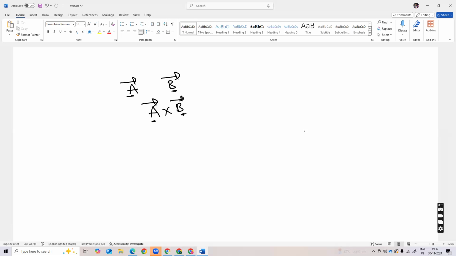So the direction of A cross B will be, what you should do is, let's say you have vector A in this direction, vector B in this direction.